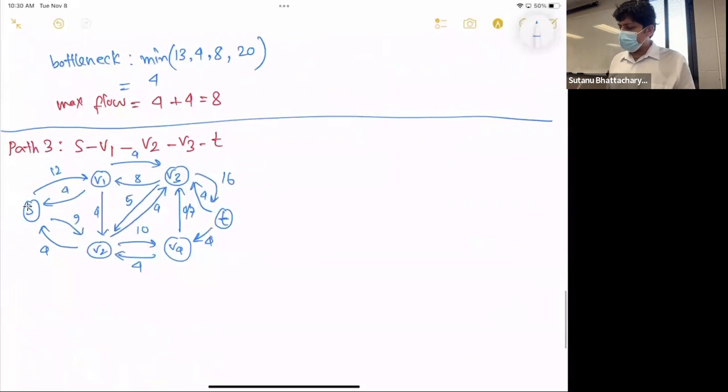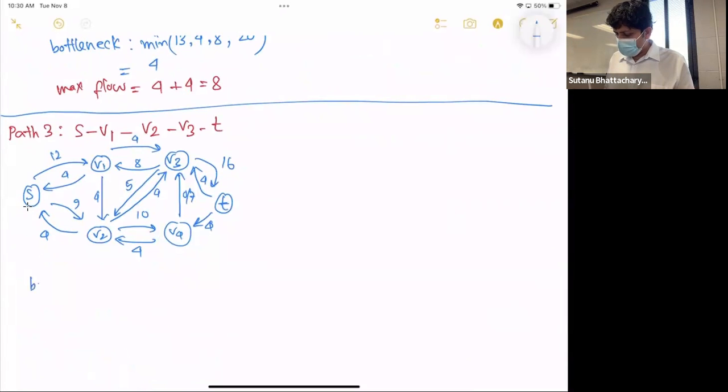So we have chosen path 3. What is the bottleneck of this path?